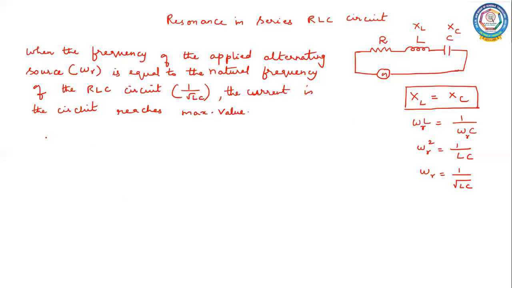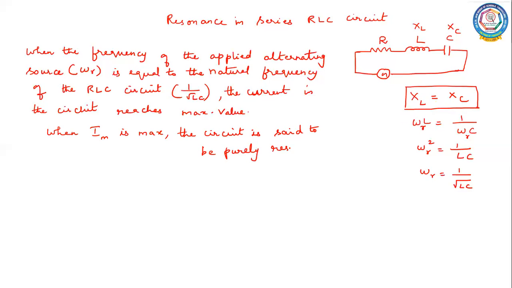When the current is maximum and XL is equal to XC, the circuit is said to be purely resistive.